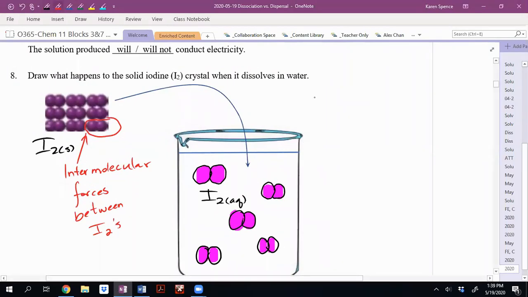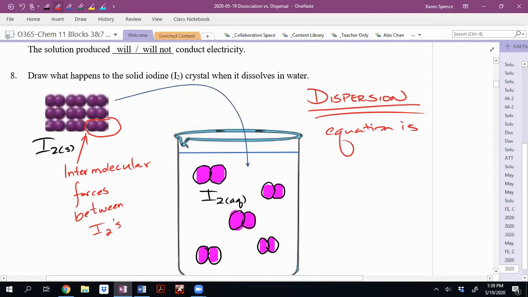So the dispersion equation is, we would have I2, which is a solid. And then when it dissolves, it doesn't do anything. It's still I2. It's just now it's not solid, it is aqueous.